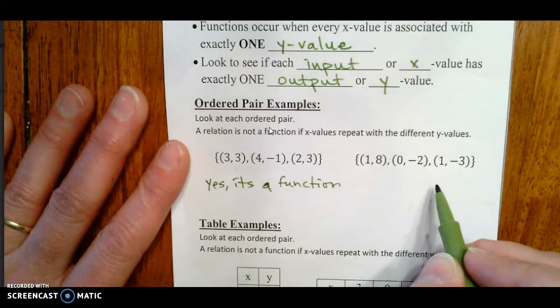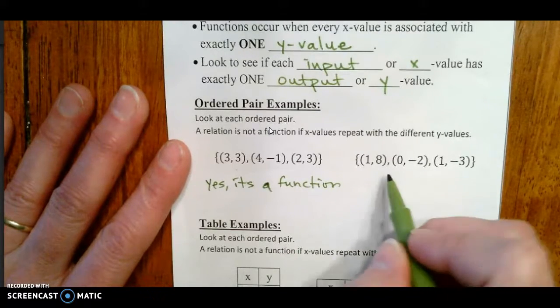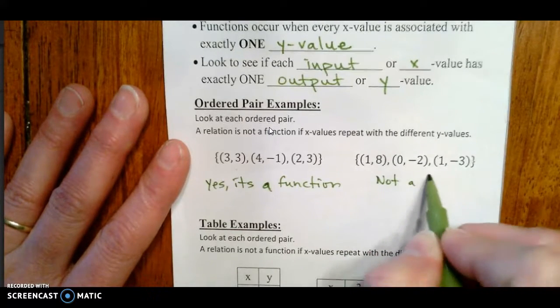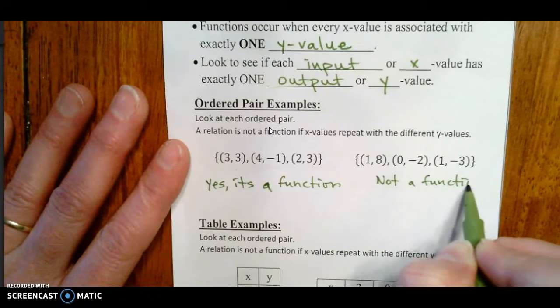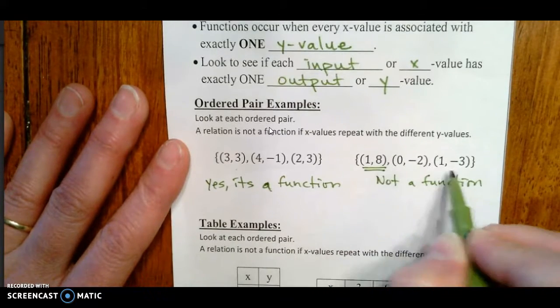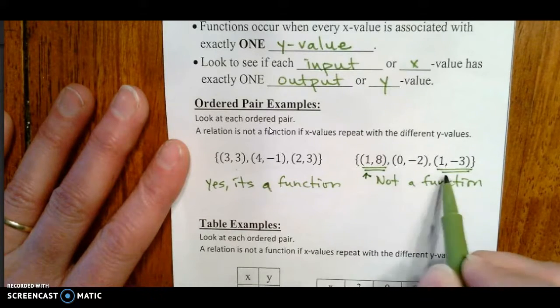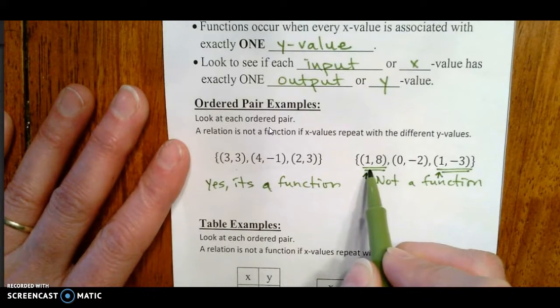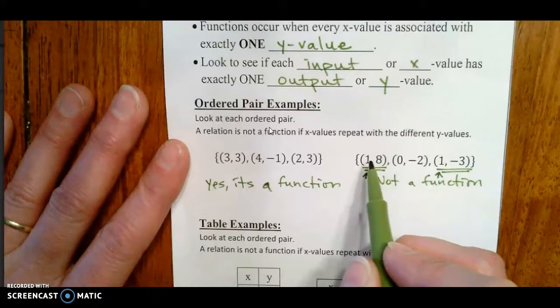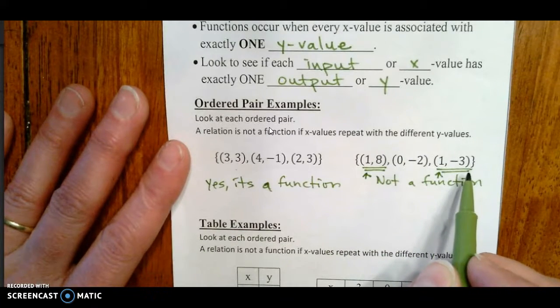This one over here is an example that is not a function. The reasoning is, when you look carefully at this point and this point, they each have the x value of 1. In this example, 1 is mapped onto the 8, but it's also mapped onto a -3.